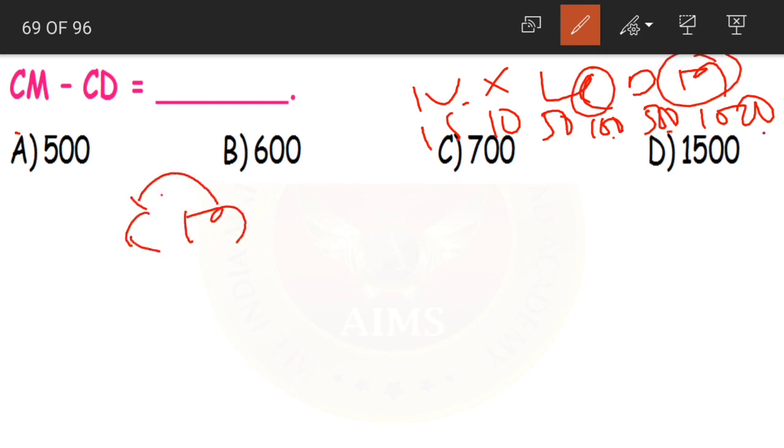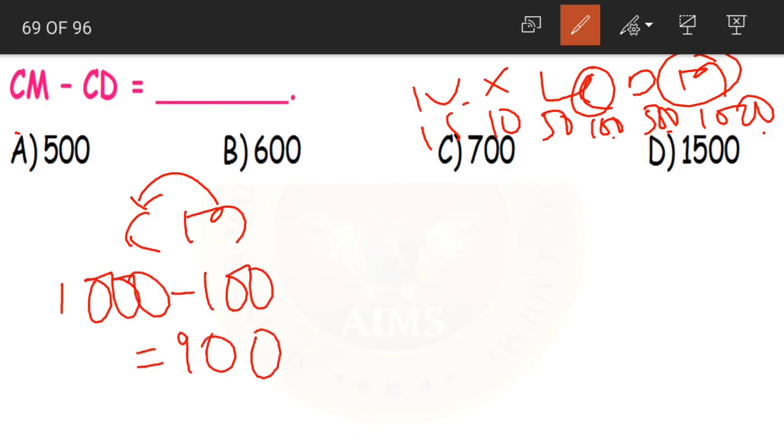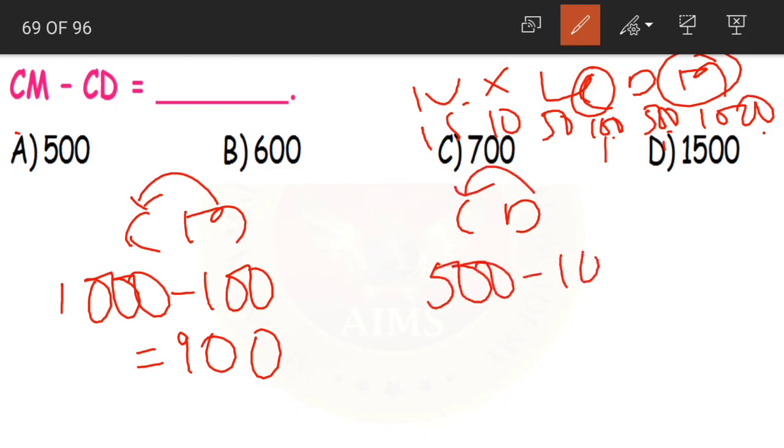Here the smaller number is to the left of the larger number, so we subtract 1000 minus 100, which is 900. And CD: 100 and 500, smaller number to the left of the larger, so we subtract 500 minus 100, which equals 400.